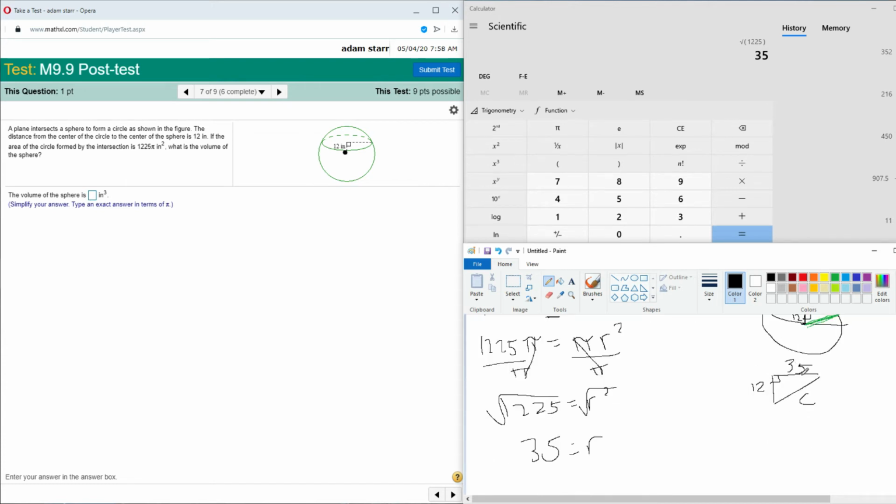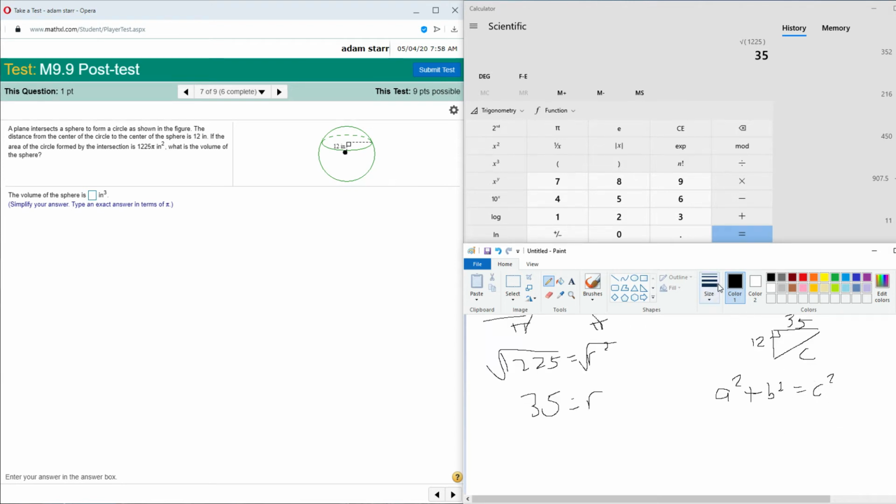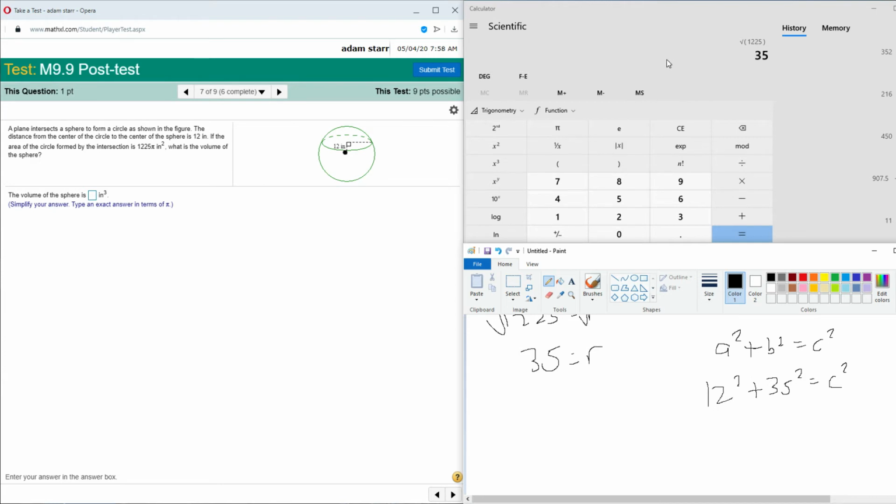So when we have two sides of a right triangle and want to find the missing side, we use the Pythagorean theorem, which is a squared plus b squared equals c squared. My a is 12, so 12 squared, plus my b, which is 35, 35 squared, equals c squared. 12 squared is 144. 35 squared, we already did, is 1225.